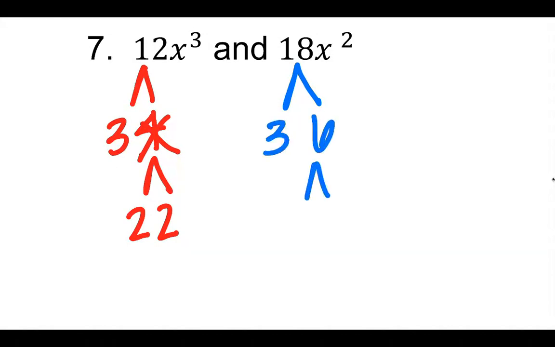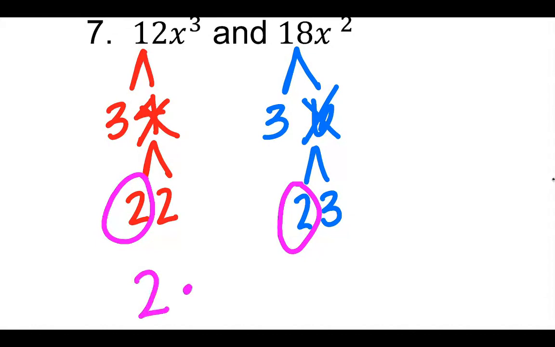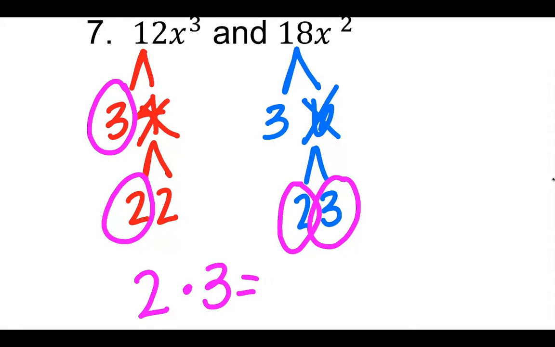And then 6 breaks down to 2 and 3. So then, if I'm finding the GCF with the numbers, I can take a 2 out of each of them, and I could take a 3 out of each of them, which gives me 6.